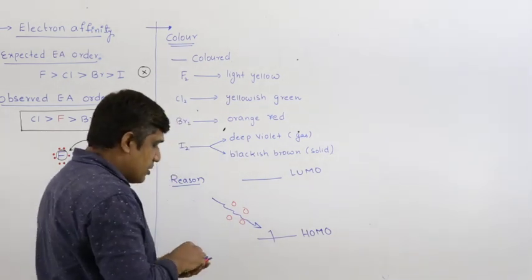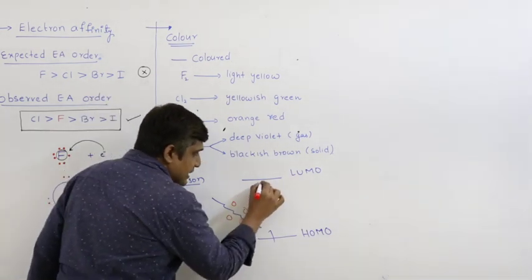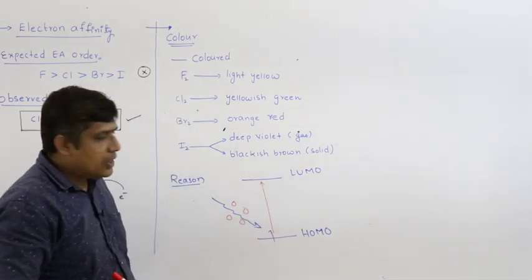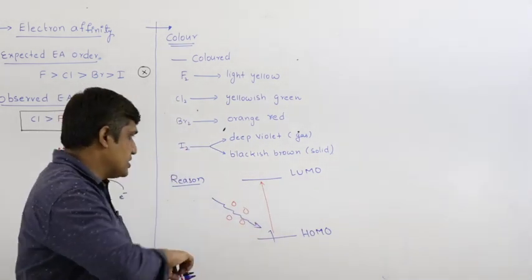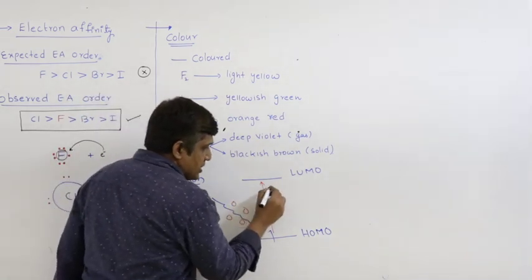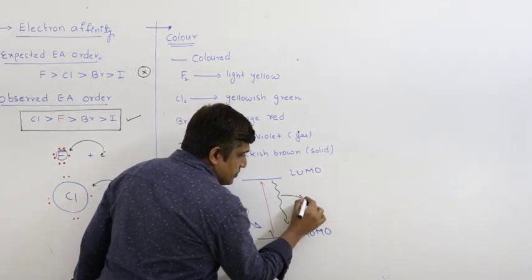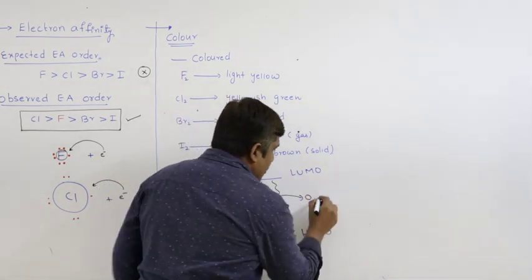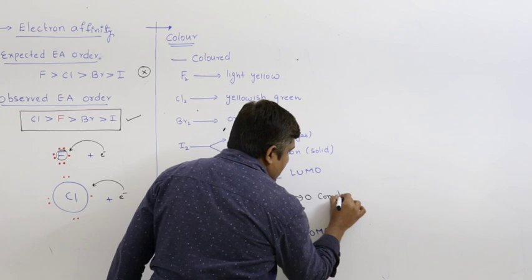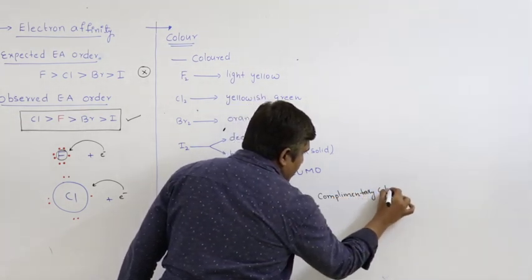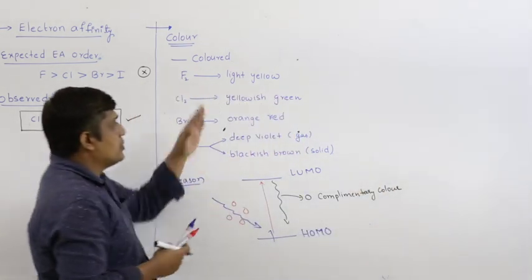The electrons absorb visible light and get excited from HOMO to LUMO. This is the excitation process. In the de-excitation process, they emit light of complementary color. So that is why they possess color.